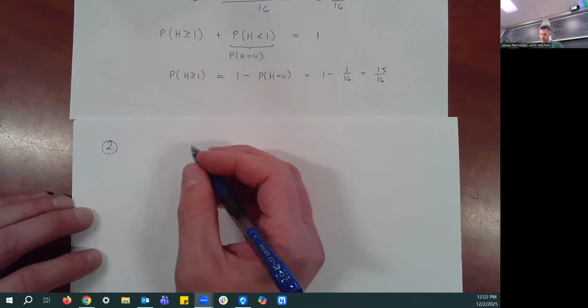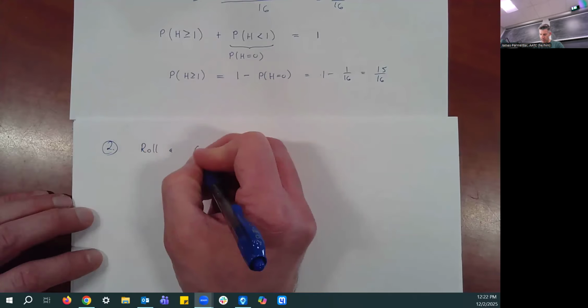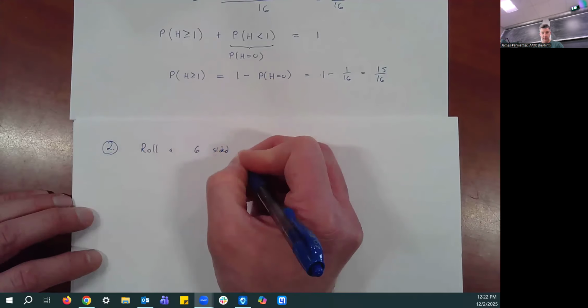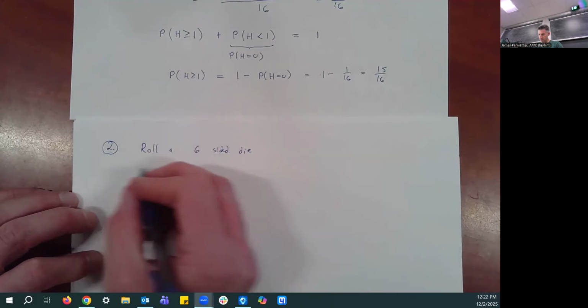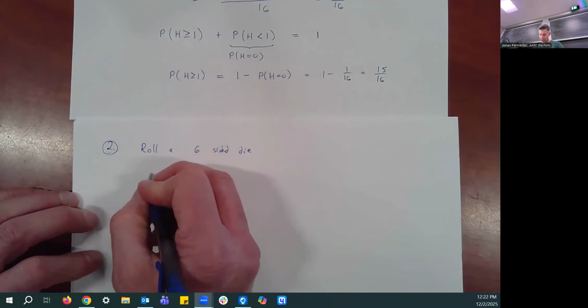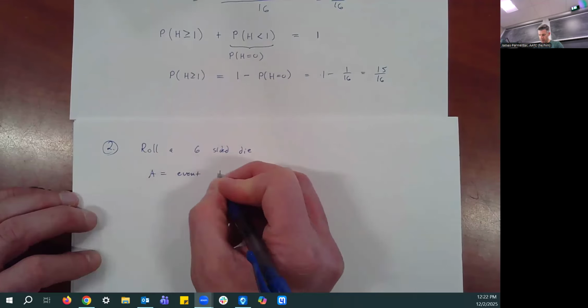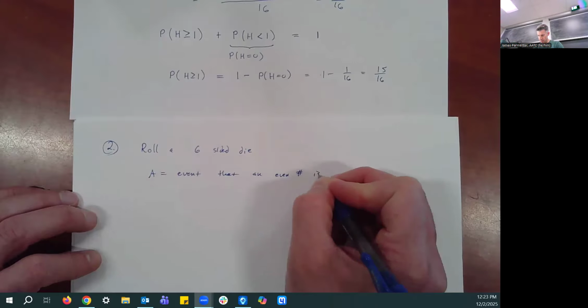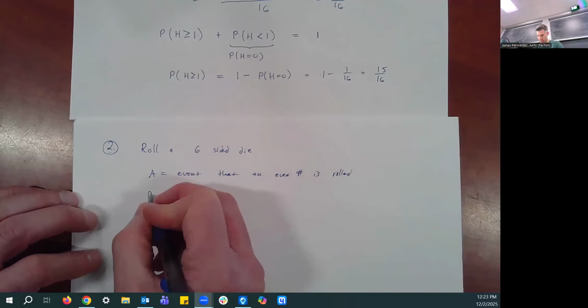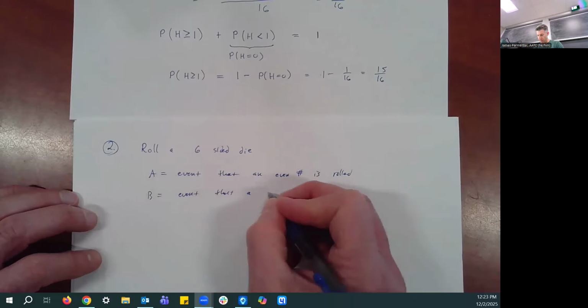Let's say we're going to roll a 6-sided die. And we're going to look at the following. So we're going to say that A is the event that an even number is rolled, and B is the event that a multiple of 3 is rolled.